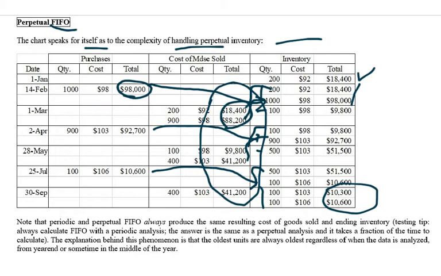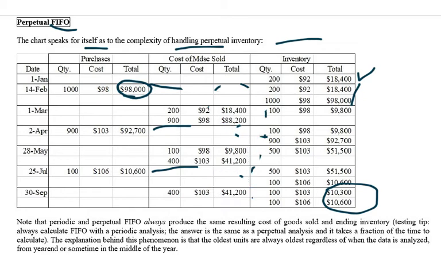And why is that? I'll do a little bit of cleanup here just so it doesn't look so crazy, just to point out the reasoning behind this, or just the fact of it, really. And that is that no matter when you do the analysis, for the whole period or incrementally like we're doing now, your oldest stuff is always what?